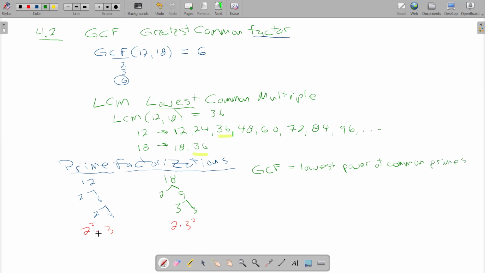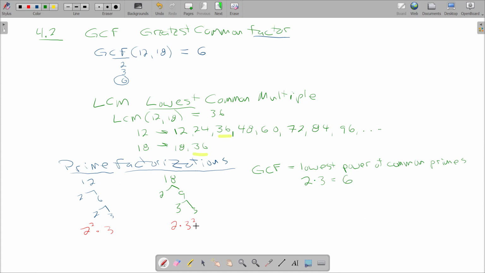So for the numbers I have here, they have a 2 as a prime factor in common, and the lowest power of 2 I see is 2 to the first, or just 2. They also have a 3 in common, and the lowest power of 3 available is a 3. So my claim then is the greatest common factor of 12 and 18 is 2 times 3, or 6.